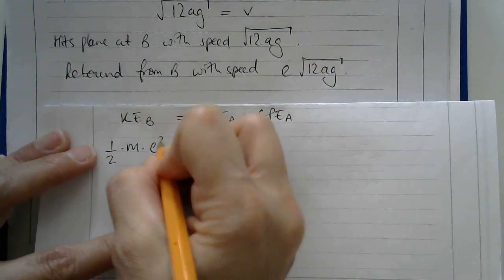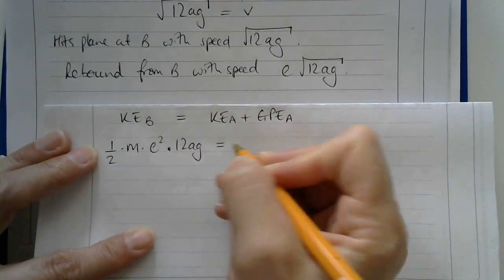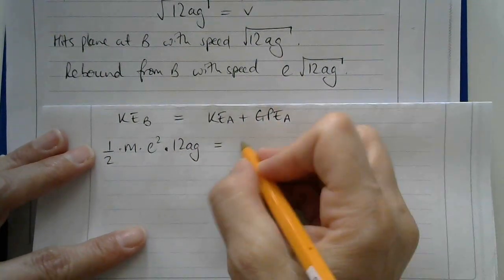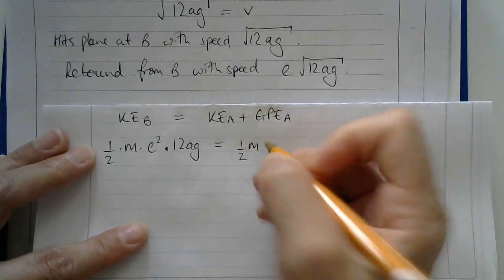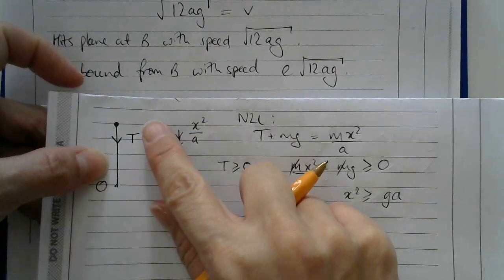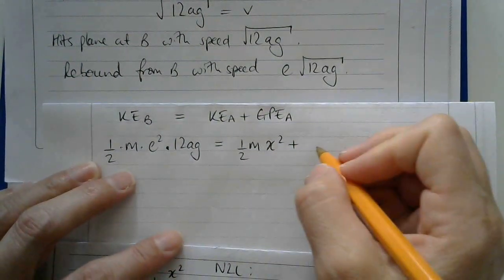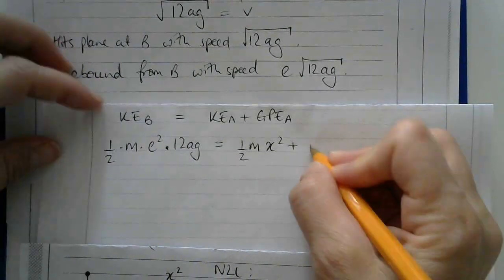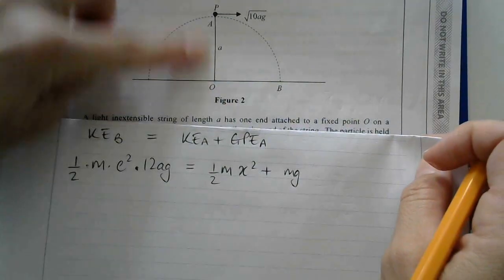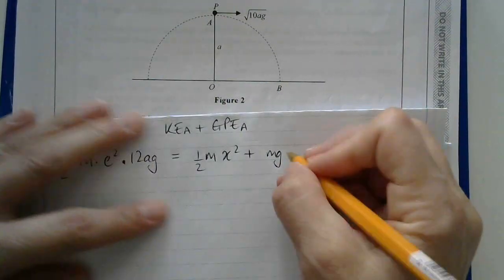So I've got e squared times 12ag, and that will equal the kinetic energy at A, half times the mass, and I called that speed when it's up there x, so I've got x squared, plus the gravitational potential energy, which will be mg times the height above O, so that will be a.